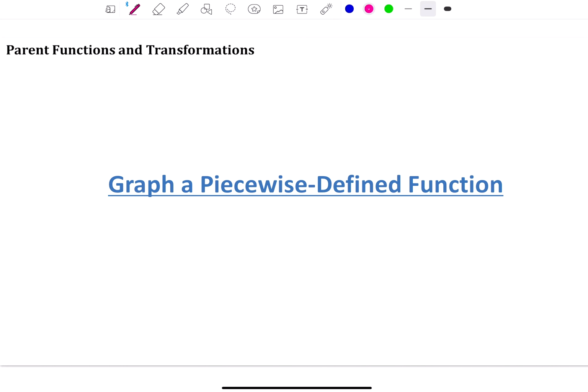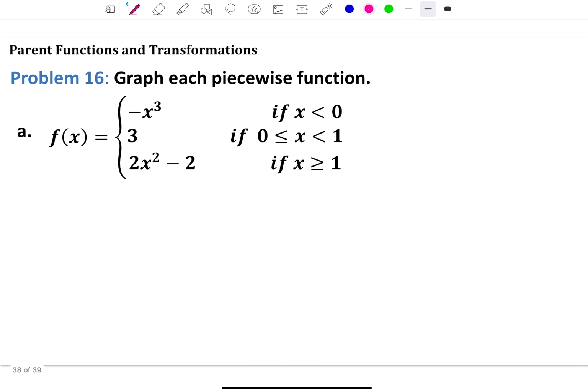Graphing a piecewise defined function. For this piecewise defined function, we have f of x equals negative x to the third if x is less than 0, equal to 3 for x between 0 and 1, and 2x squared minus 2 for x greater than or equal to 1. So we need to graph this function, and it behaves in 3 different ways.